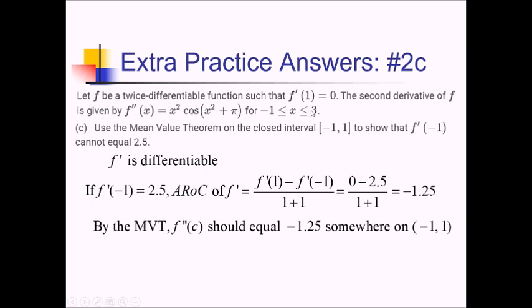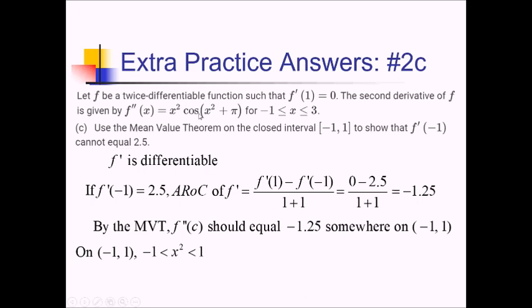On the interval from -1 to 1, which is the only one we're concerned with, x squared, if you take a number that's between -1 and 1 and multiply it by itself, you have to get another number that's also between -1 and 1. So this part of the function is going to be less than 1 in terms of absolute value. The other part is cosine.